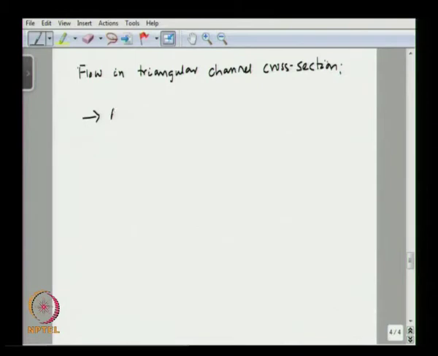So, the analytical solution exists only for an equilateral triangle.